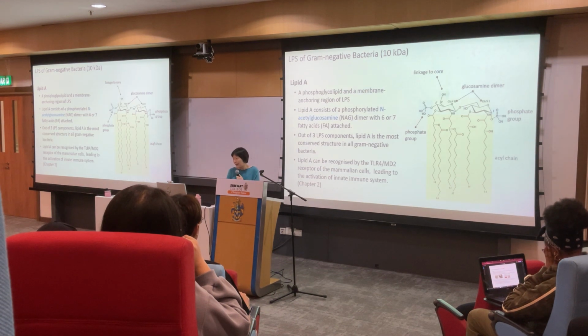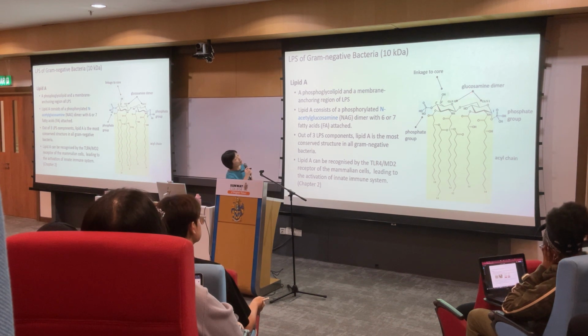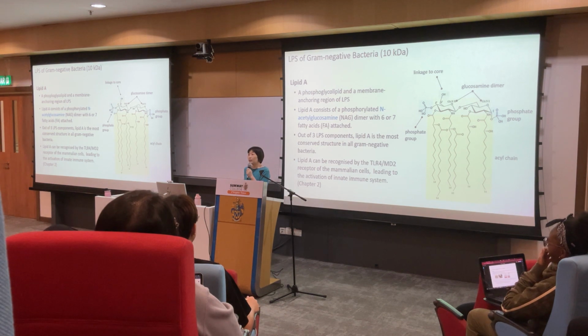Lastly, we have lipid A. Lipid A, as you can see from the diagram, the structure is very simple. What is this? This is the glucosamine. You remember you have studied N-acetylglucosamine. This is NAG, one of the glycan monomer units in the cell wall, right?